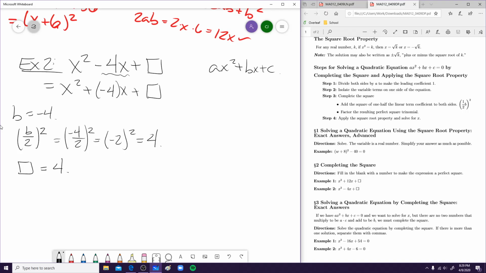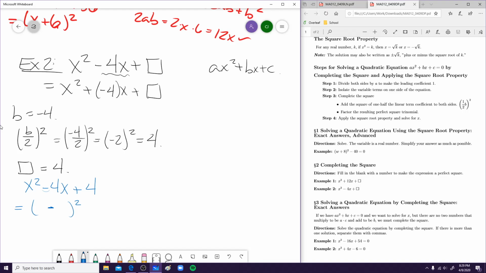Now we're going to check our work to see if we're correct. We have x squared minus 4x, and we're saying this box is 4. Can this be a perfect square? We know it's going to be negative because this b is negative. So x squared, is it a perfect square? Yes, because x times x is x squared.